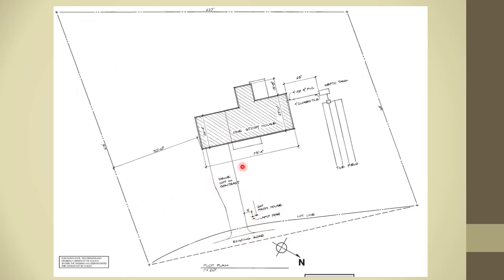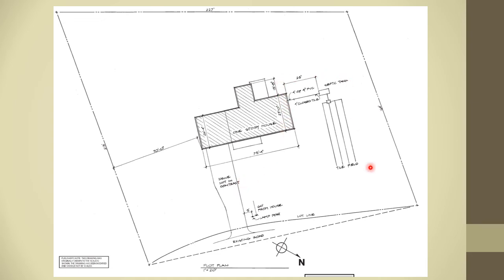Notice the drive is not in the contract, but we have a lamppost that is 5 feet from this driveway and 60 feet from the house. Until you know where this driveway is going to be, you can't fix this lamppost. So that means you need to coordinate with whoever is putting in the driveway.